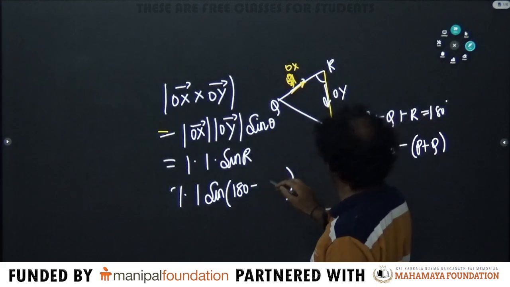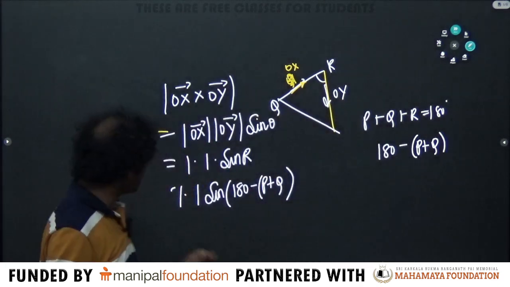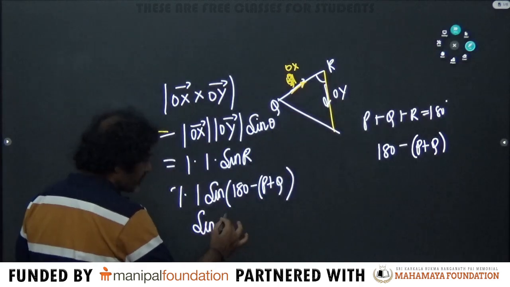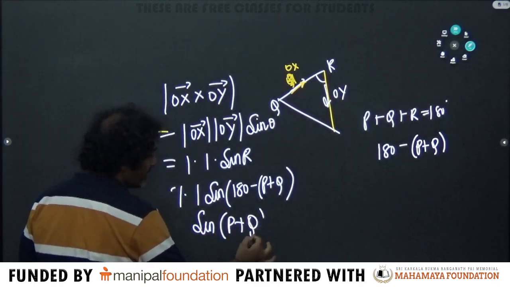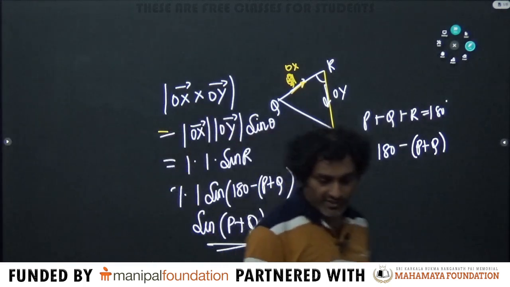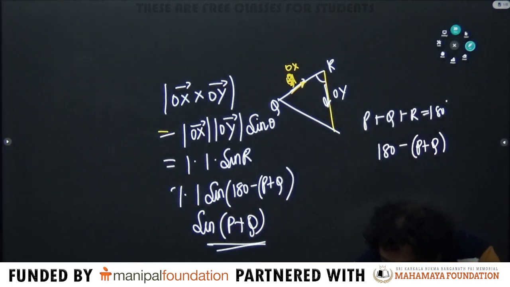Instead of this R, I'll put 180 minus P plus Q. And whose sine 180 minus theta? Isn't it simply sine theta? So who is theta here? P plus Q is the answer. That's it. Is that okay? The explanation was long, but I wanted you to understand, so I went with the diagram. Is that fine? Can you manage?